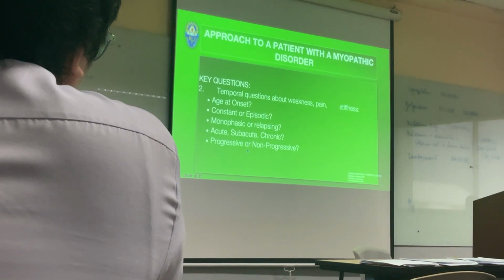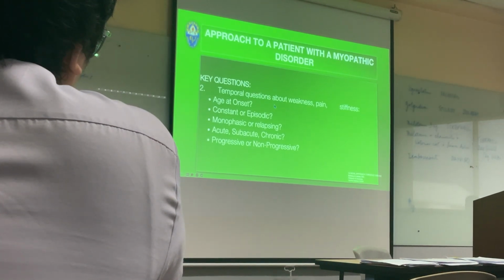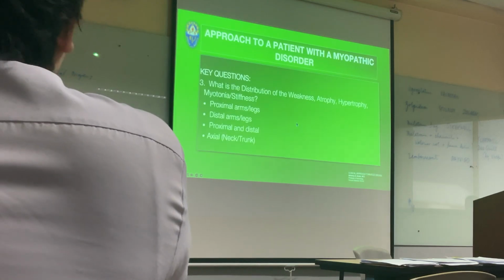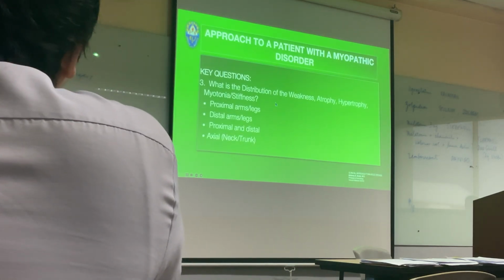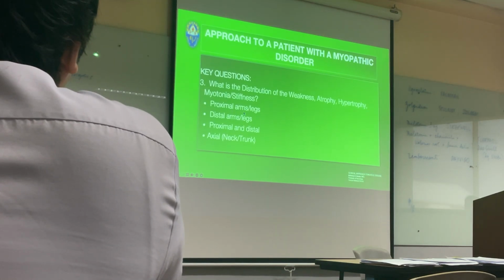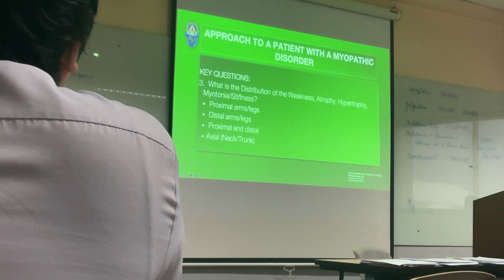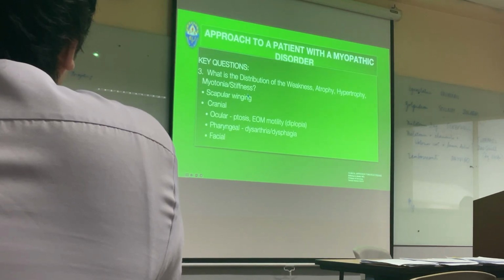So, you ask those questions about the course of the illness. Next, you look at the distribution of the weakness. Is it proximal, distal, both proximal and distal, or only axial? Those are the main questions that you ask.